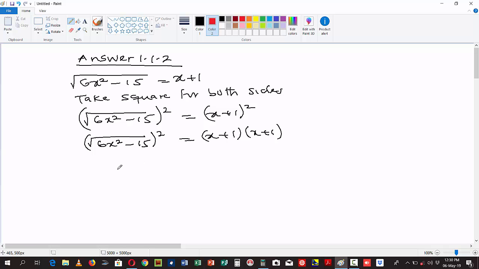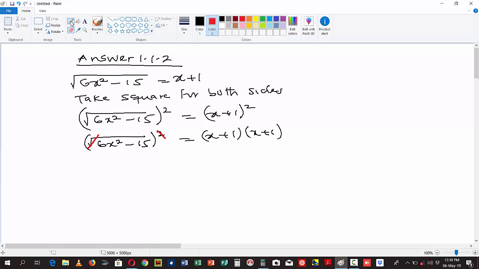Now let us consider this one, the square root of 6x squared minus 15 all square. So automatically this square here will cancel the root here. These two will go for the square root.